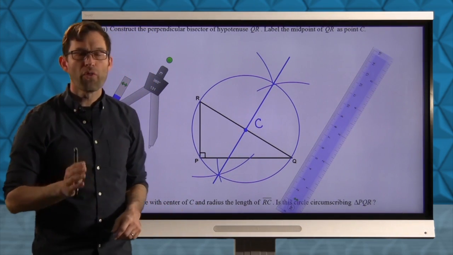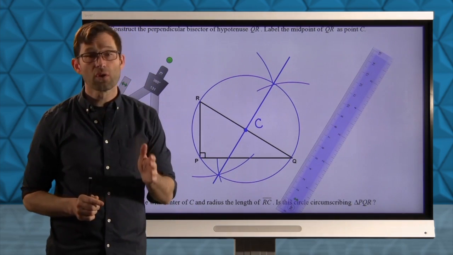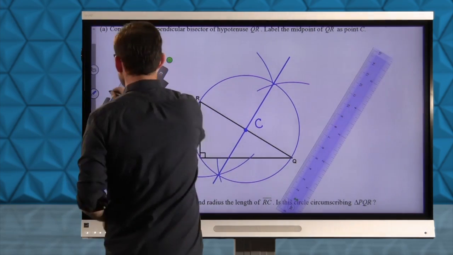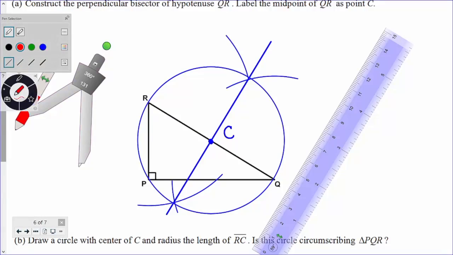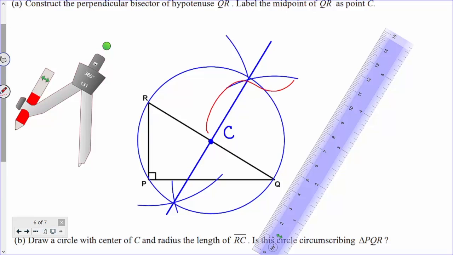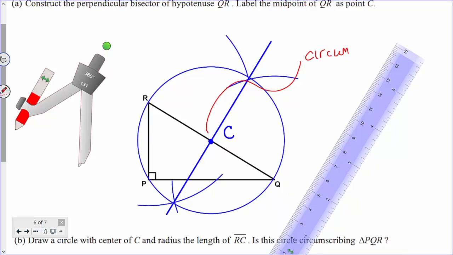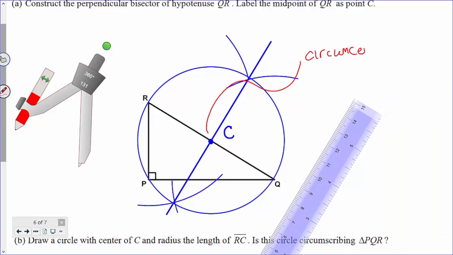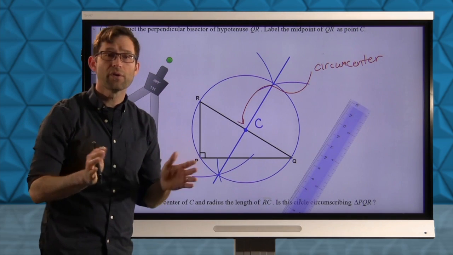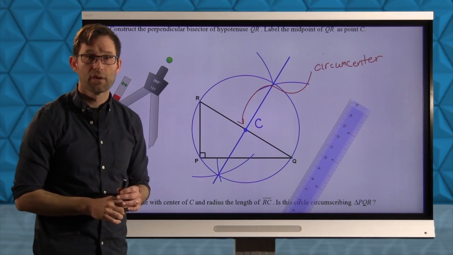One of the remarkable things about right triangles is that the circumcenter, all right, again, let me go to red just to really emphasize this, right? The circumcenter lies at the midpoint of the hypotenuse. It's something very, very specific with right triangles, okay?